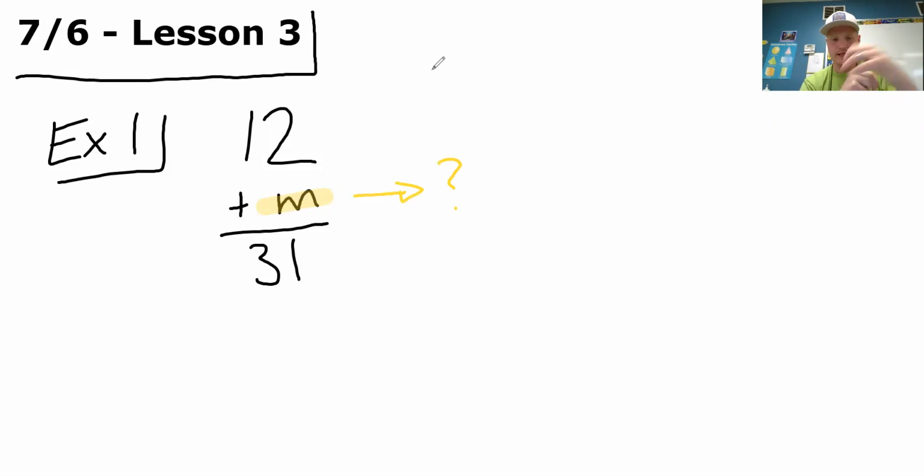One way we can do it is take 31 and subtract 12, and that will give us our hidden value M. Then we'll check at the end. First off, 1 minus 2, can't do that, so we borrow from the 3. We have a 2, and this 1 is now an 11. So 11 minus 2 is 9, and then 2 minus 1 is 1. So our value should be 19.